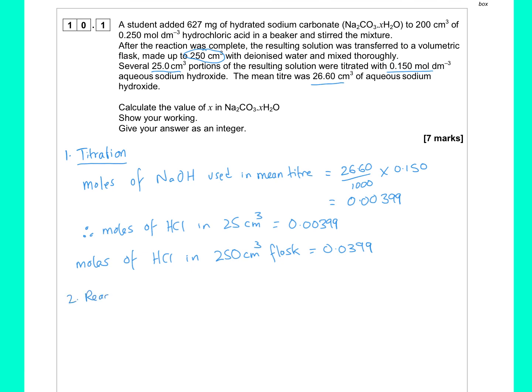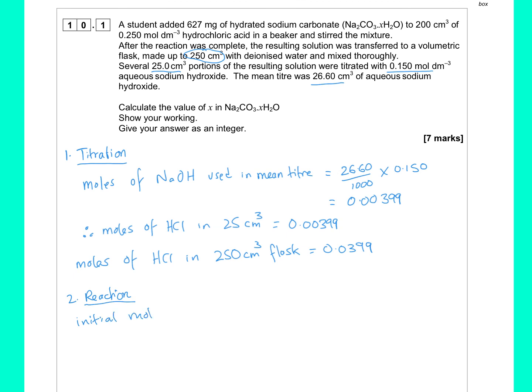So the second part of the question is to look at the reaction, because we're trying to find out about sodium carbonate using the information from the hydrochloric acid. So if we go back to the reaction, we know how much hydrochloric acid we started off with.